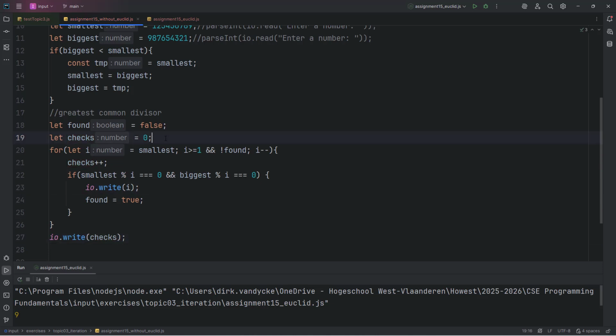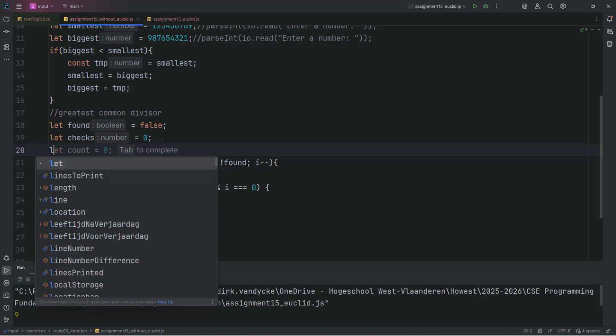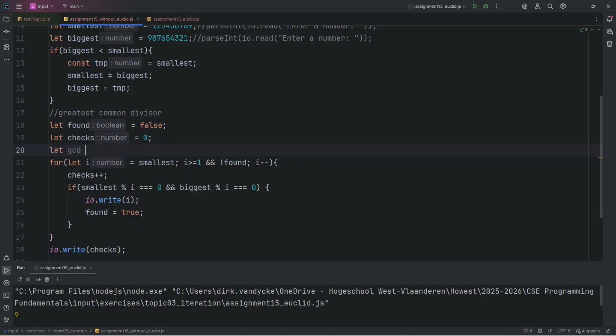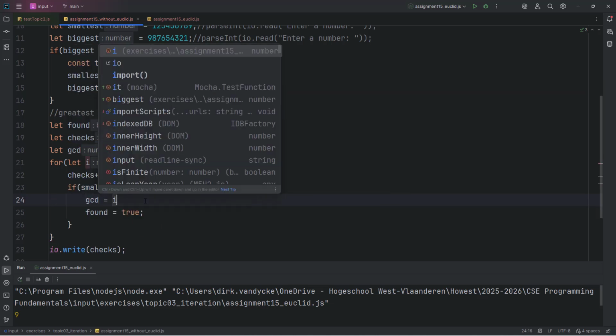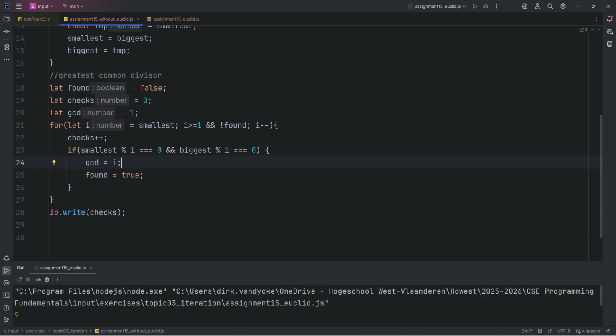I can actually have my greatest common divisor put it at 1, because that's always going to be the divisor, right? And then here I can say let's assign I to GCD, and then I can print everything after the loop.